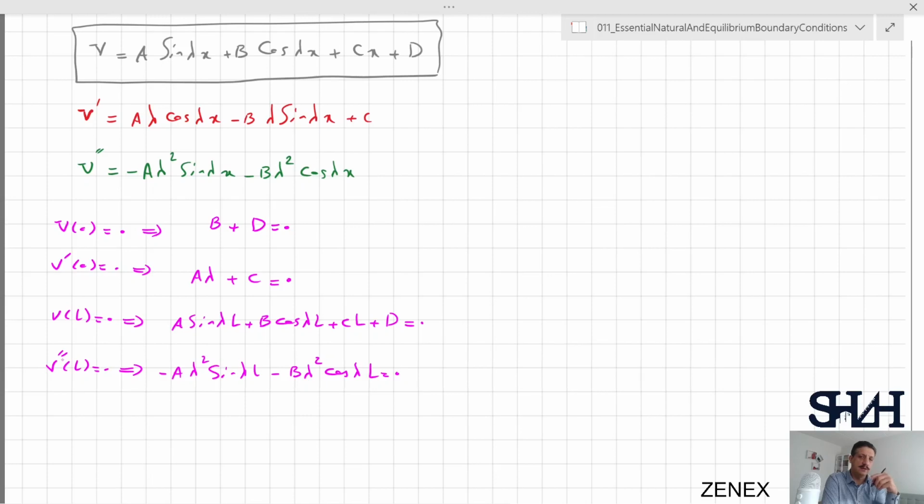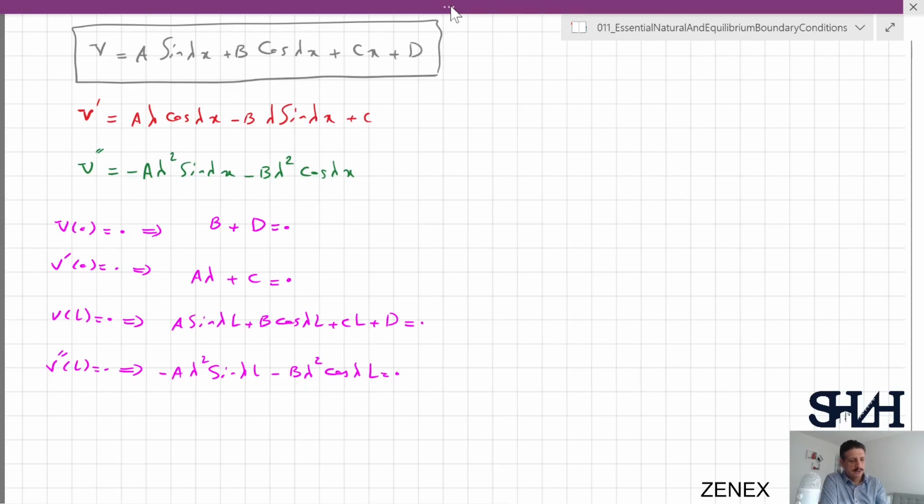Here you can see that again we have 4 equations, all of them equal to 0, and then we have A, B, C, and D. To have a non-trivial solution, we need to force the determinant of this coefficient matrix to become 0.